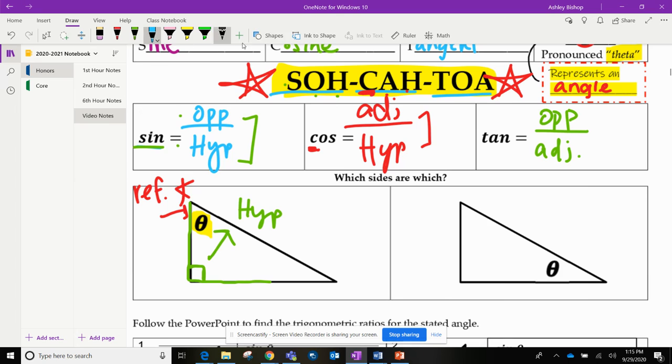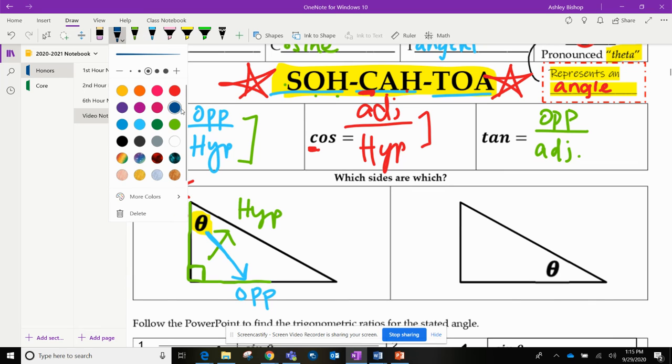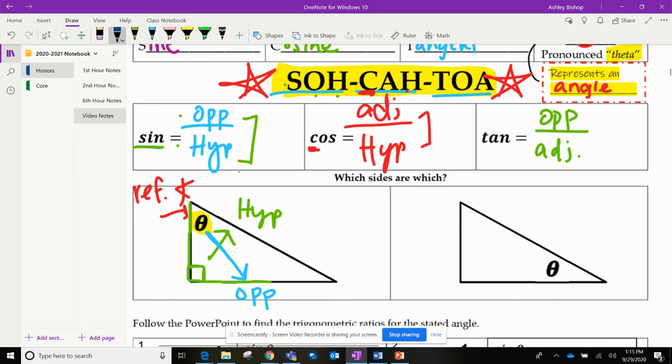For my opposite, I'm going to go to the side opposite from theta. The side across is my opposite side. And then by process of elimination, or you can remember that adjacent means next to, my side next to my theta is my adjacent side.